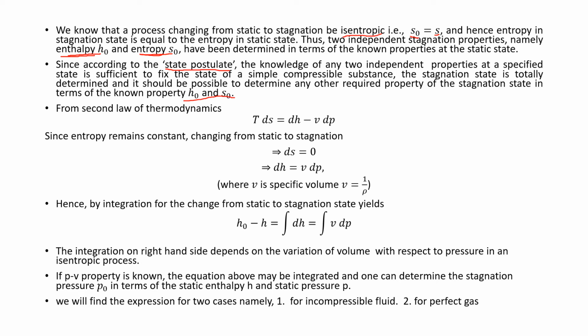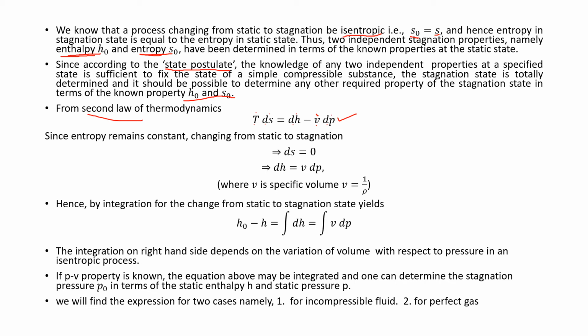So from the second law of thermodynamics, we have this expression: T ds is equal to dH minus V dP. Here T refers to temperature in Kelvin, ds refers to change in entropy, dH refers to change in enthalpy, V refers to specific volume, and dP refers to change in pressure.